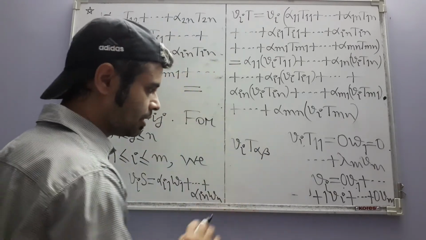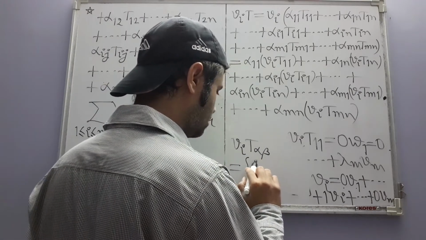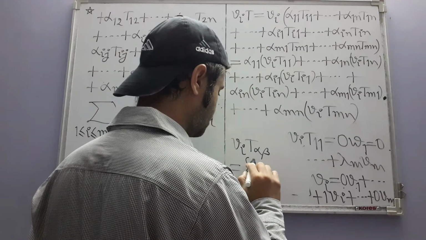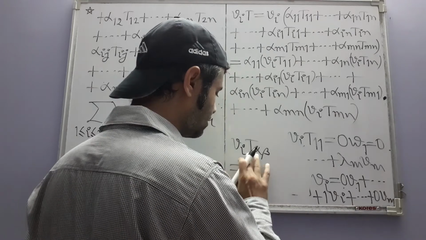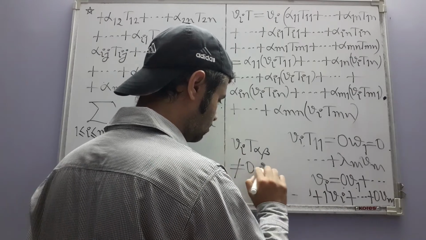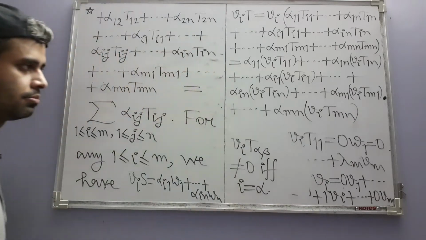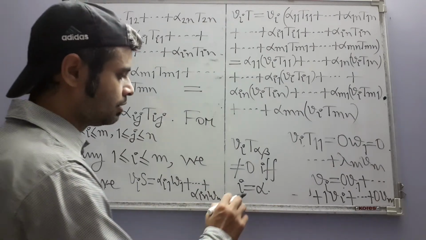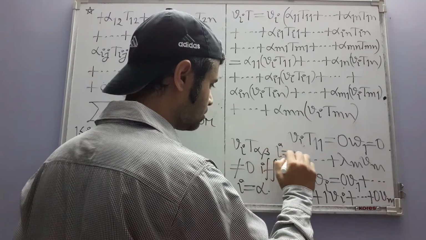Okay, T alpha beta is non-zero if and only if i is equal to alpha, and the appropriate coefficient times w beta will be there, and it is 0 just like this case if and only if i is not equal to alpha.